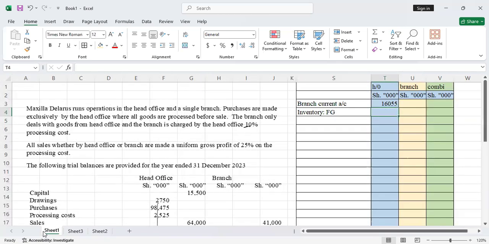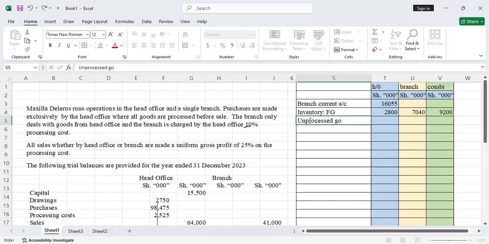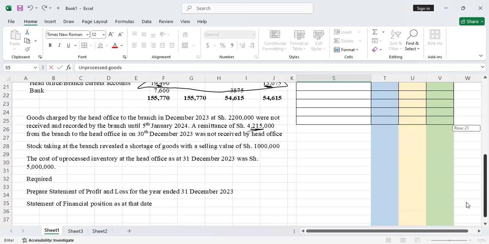So it is 2800, 7040, and 9200. This 9200, we cannot get a summation of those two. Then unprocessed. Do you remember mention of some unprocessed goods somewhere?